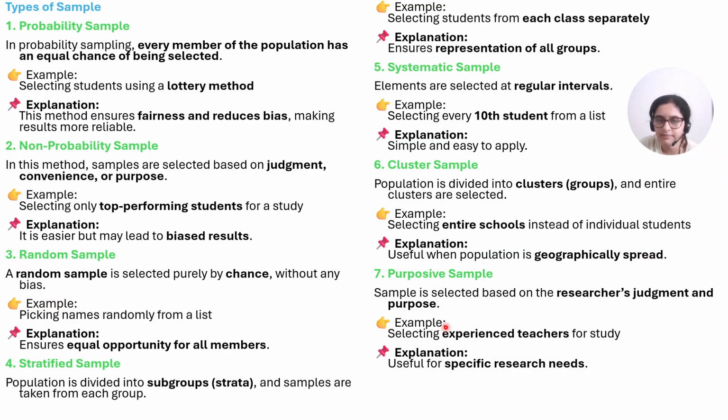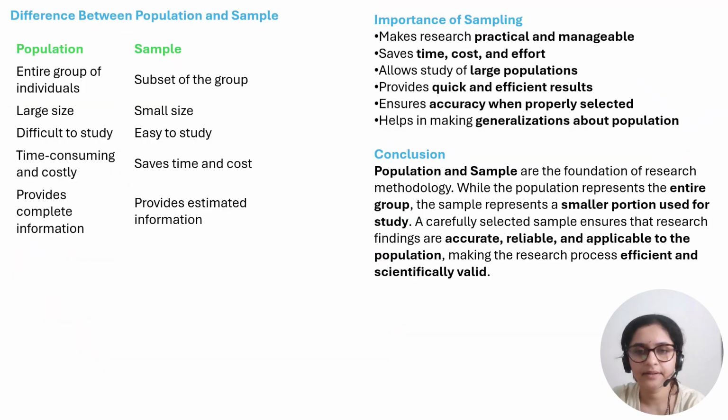This is cluster sampling. Purposive sampling. The sample is selected based on the researcher's judgment and bias. Example, selecting experienced teachers. So it is used basically for specific research needs.